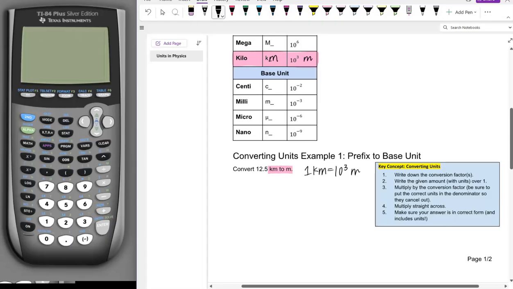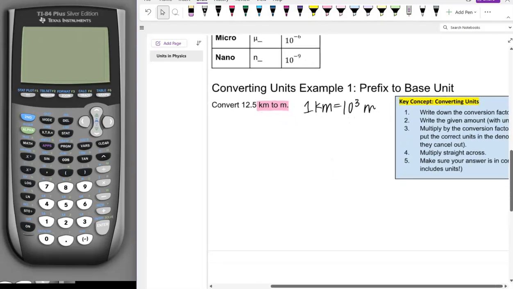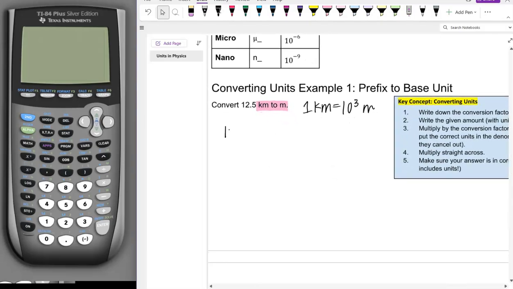That's called your conversion factor. The next step is to write the given amount, 12.5 kilometers over 1. Whatever the given is, the given amount will always go in the numerator.